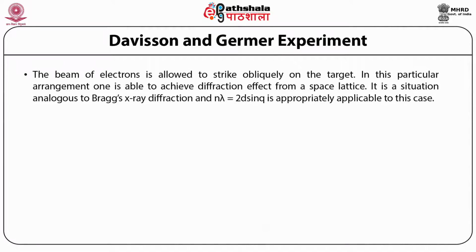B. The beam of electrons is allowed to strike obliquely on the target. In this particular arrangement, one is able to achieve diffraction effect from a space lattice. It is a situation analogous to Bragg's X-ray diffraction, and n lambda equals 2d sine theta is appropriately applicable to this case.